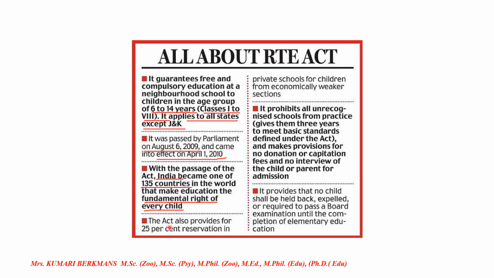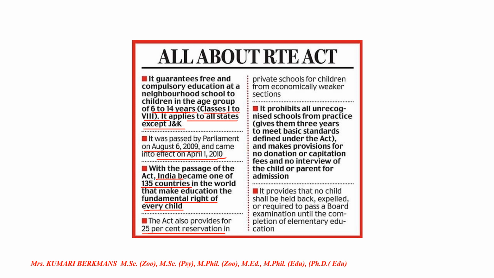Then next one, the Act also provides for 25% reservation in private schools for children from economically weaker sections. So each and every private school has to give 25% reservation for SC/STs as well as the weaker section.